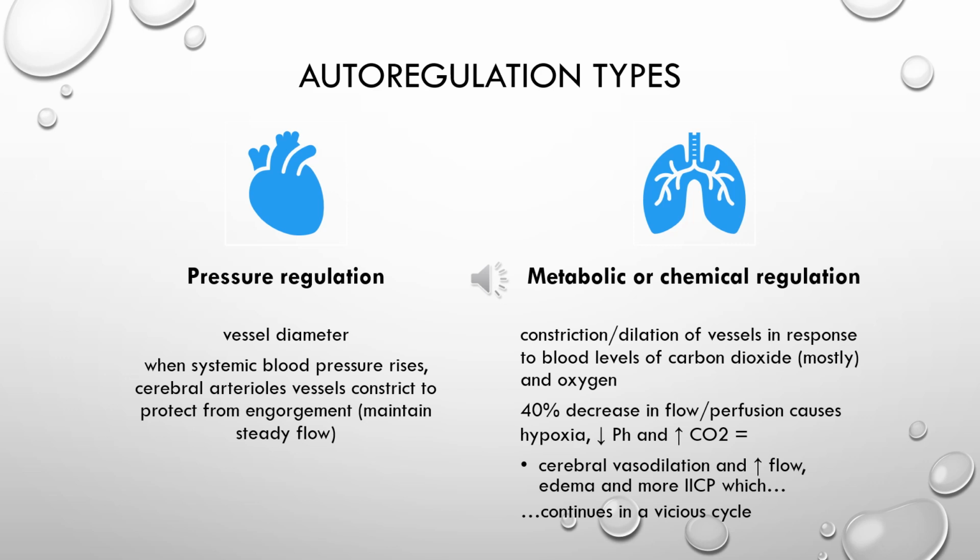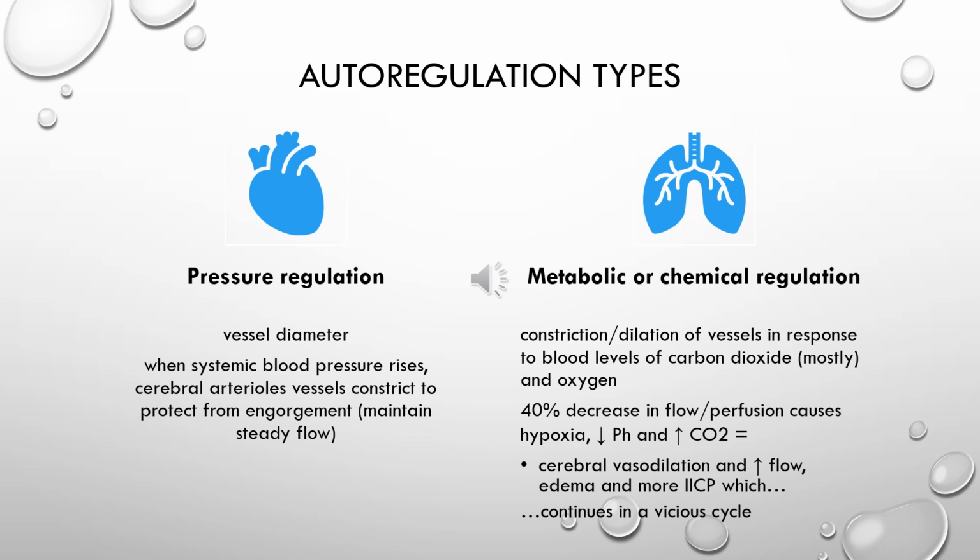Normally, when you have a rise in blood pressure, you see that everywhere. But the vessels themselves will constrict to protect from engorgement. So instead of allowing that extra blood flow to go to the brain, it will maintain a steady flow to try to regulate that pressure within the brain, if that makes sense. So that's just one of those compensatory mechanisms that the body tries to use.